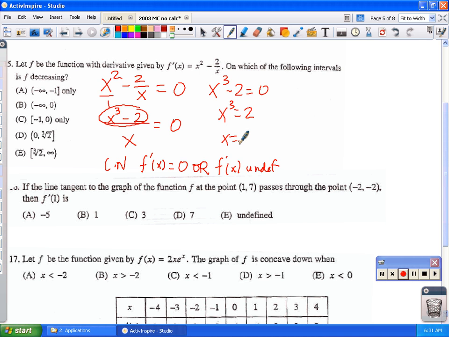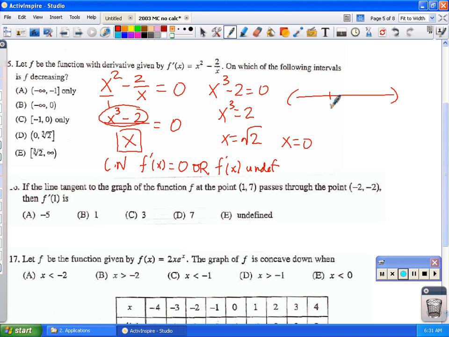So x is equal to the cube root of 2. Also, 0 would make the denominator, or make this fraction, go undefined, so another critical number is x equal to 0. So I'm going to put those guys on my number line.